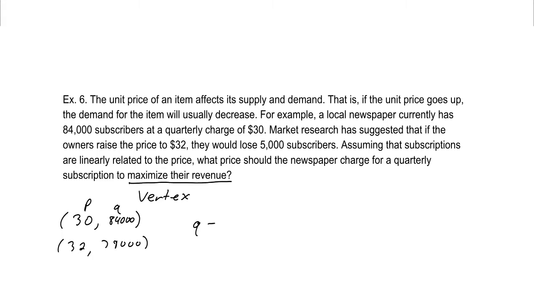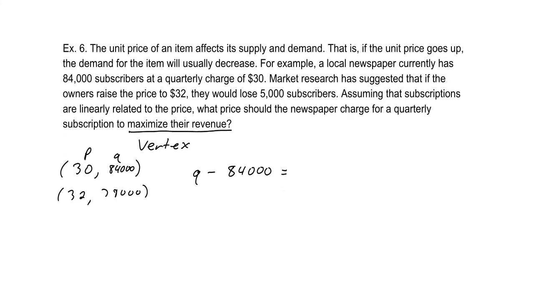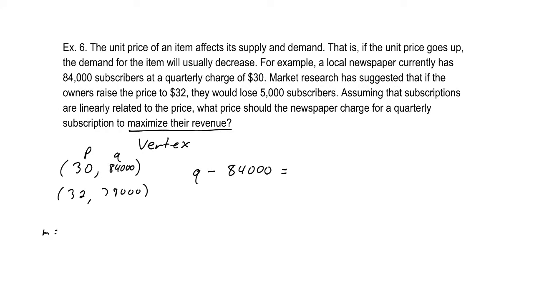Quantity minus, and we'll just go ahead and use that first point, quantity minus 84,000 equals our slope. We need to find the slope between these two as a side step here. 84,000 minus 79,000 over 30 minus 32.